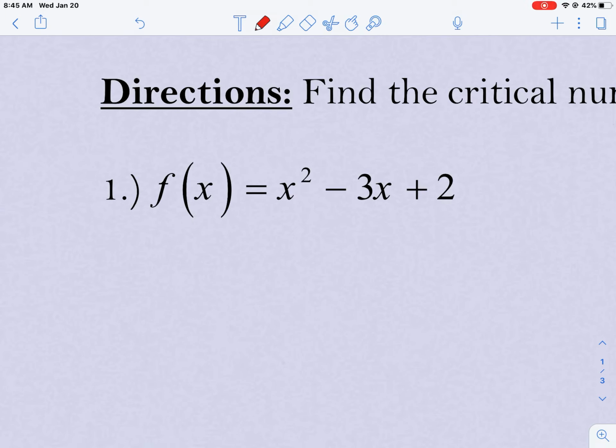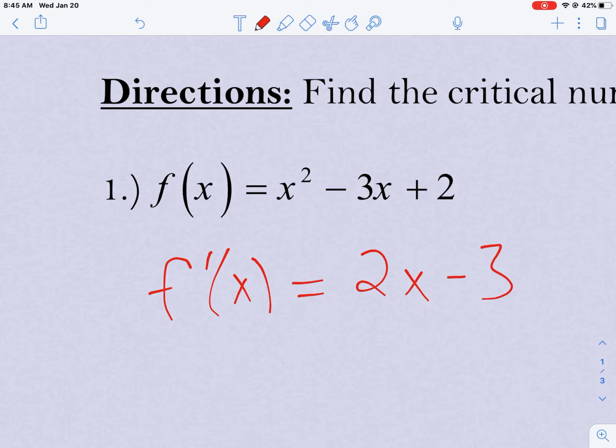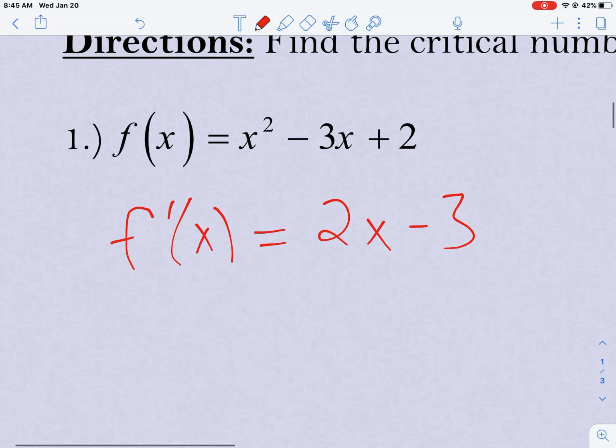Let's take the derivative, f prime of x, which is equal to 2x minus 3. The derivative here is not undefined anywhere. Remember, polynomials are defined for any x, so if you get a polynomial, it's never going to be undefined.